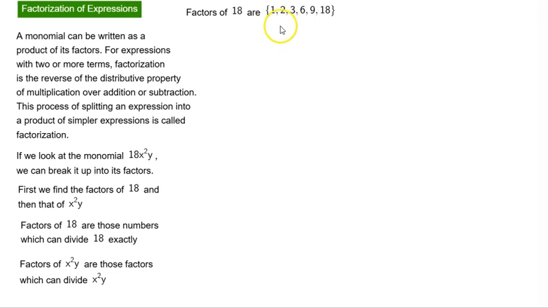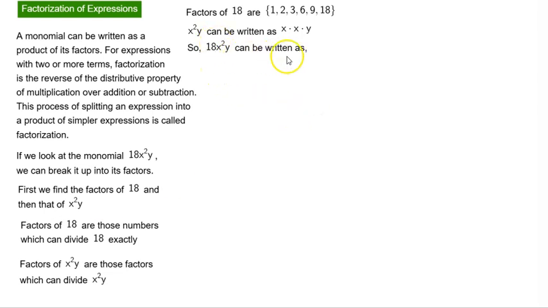So factors of 18 are 1, 2, 3, 6, 9, and 18. x square y can be written as x times x times y. Now, x square also divides x square y, but we take the simplest forms.